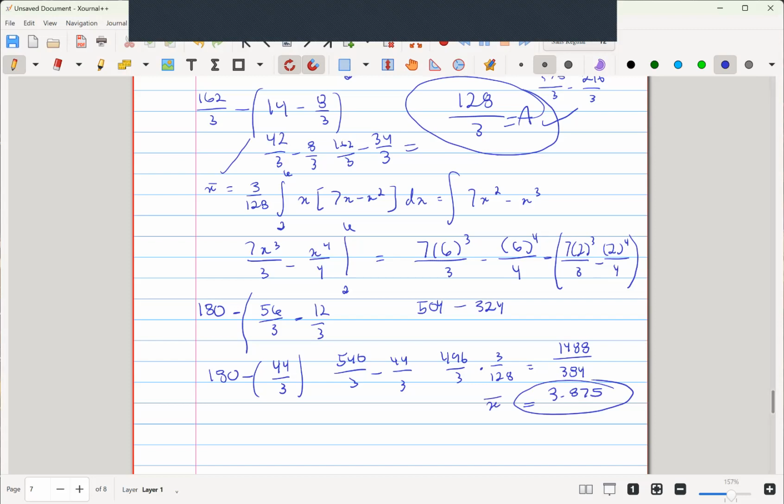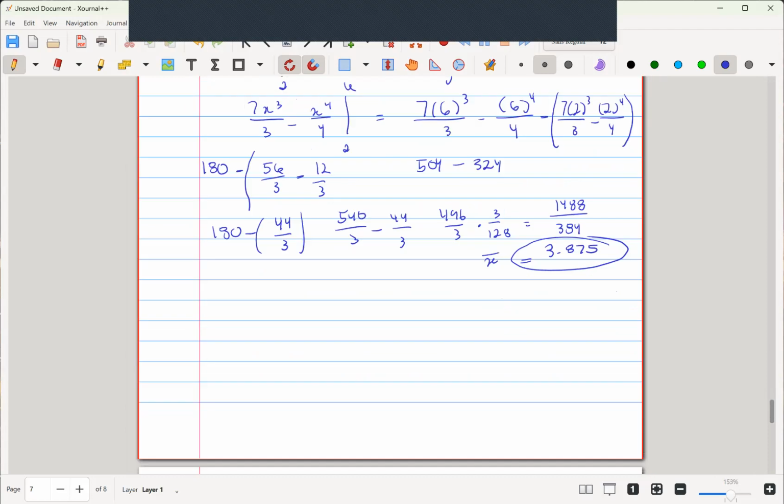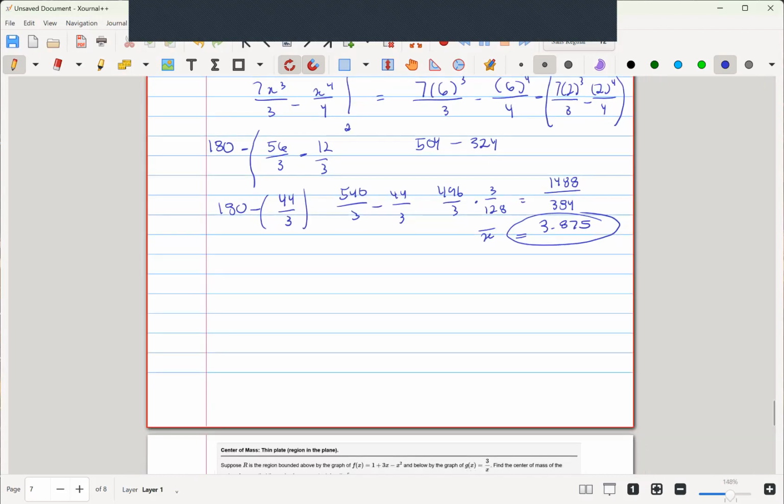Now we have y bar, which is a little bit more difficult computationally. So I'm going to set it up, solve the integral, and plug in all the limits of integration, and then all that would be left is plugging into the calculator, which I'll let y'all do on your part.